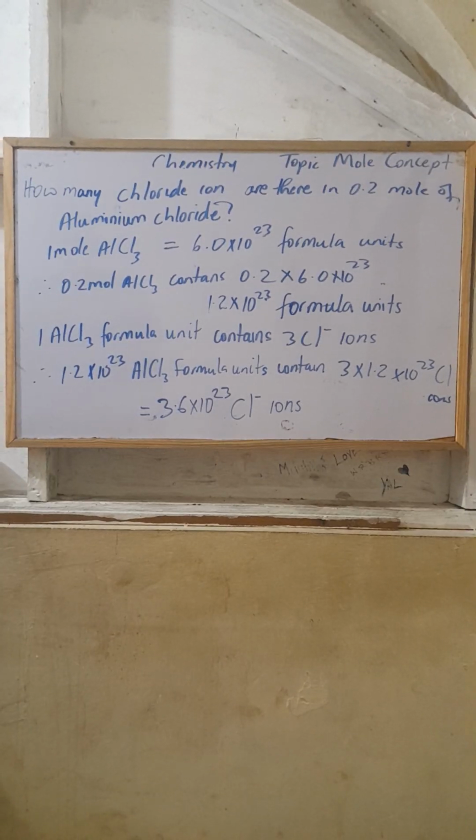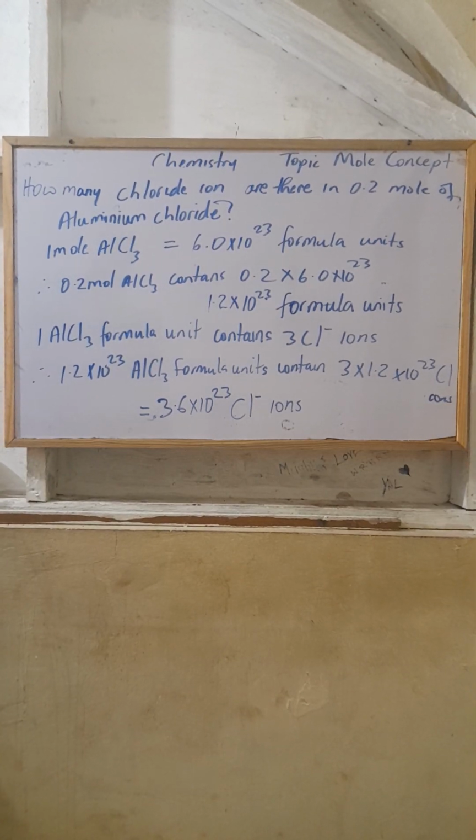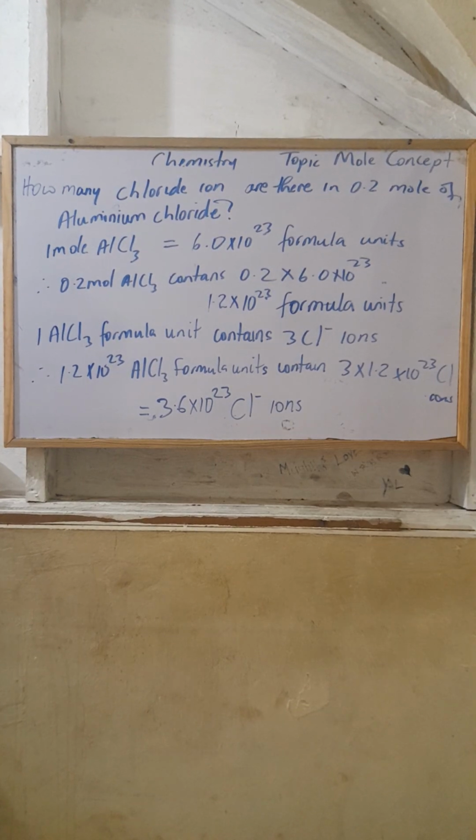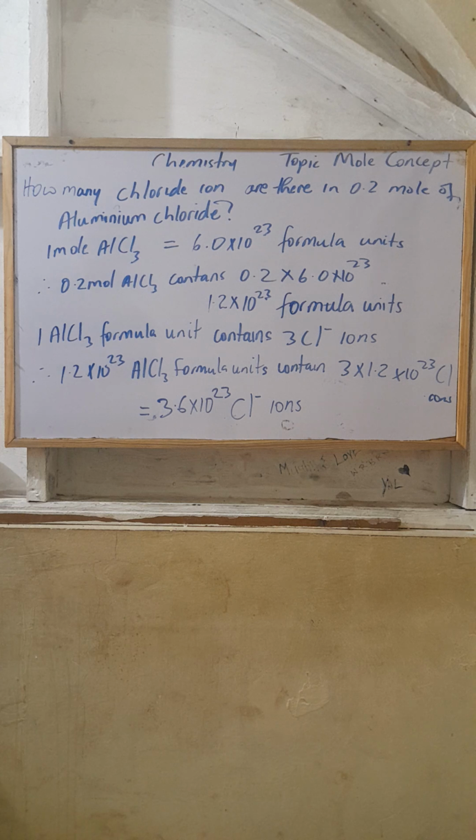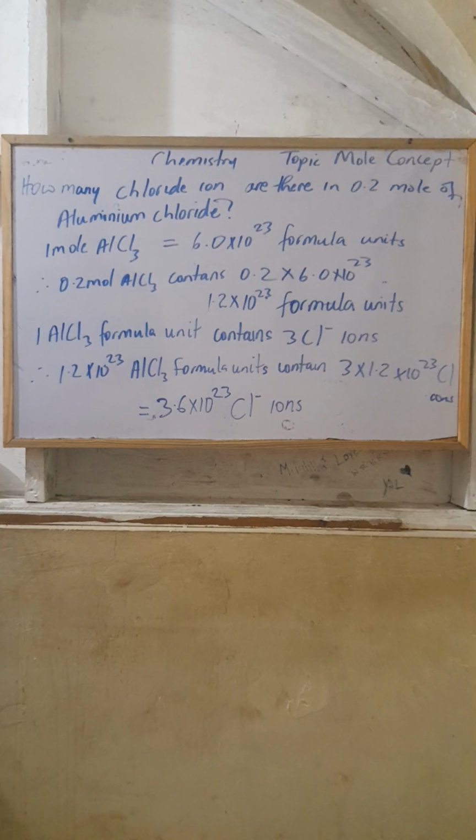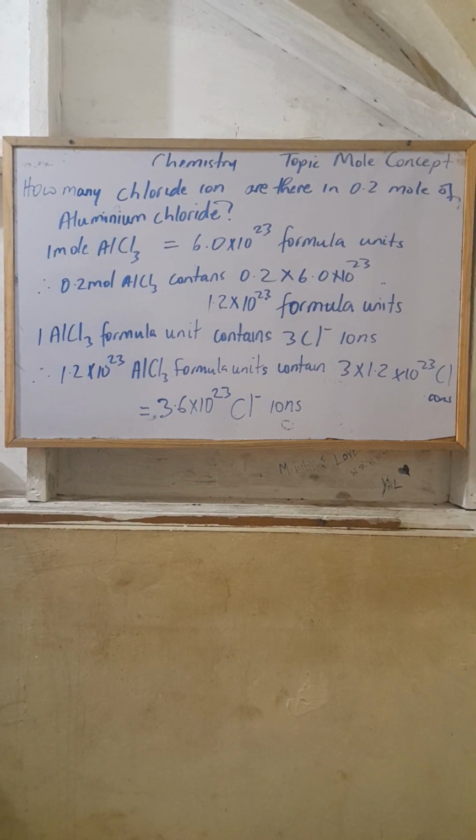Also, we can look at the number of particles that is within a given mole of a substance. So here, the example on the board asks, how many chloride ions are there in 0.2 mole of aluminum chloride? Aluminum chloride, AlCl3.